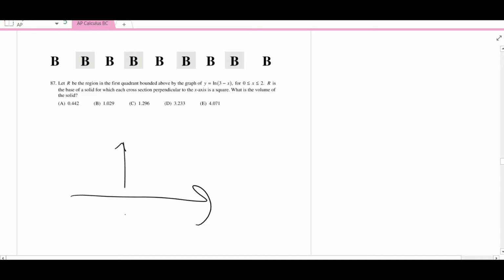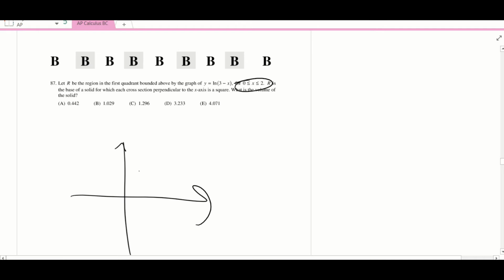If we draw it here, it looks something like this. Sorry, it looks something like, it's bounded between x equals 0 and 2.